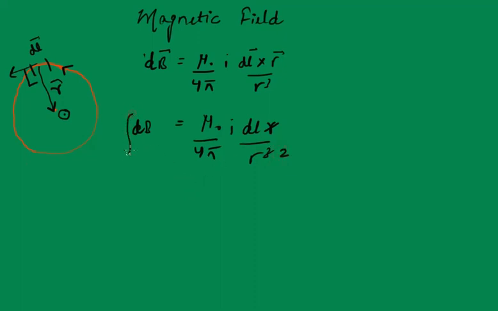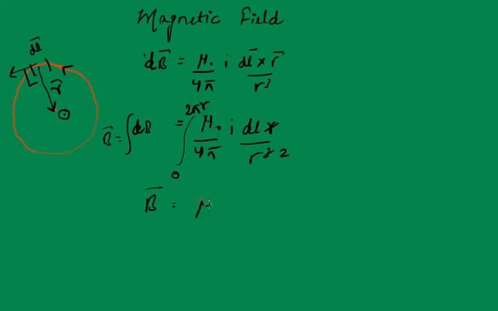So the full magnetic field because of this whole circular wire will be what? You will have to integrate this dl over the full length of this circular wire. So what is the length of the circular wire? The perimeter is 2πr, right? So you will have to integrate this l from 0 to 2πr.